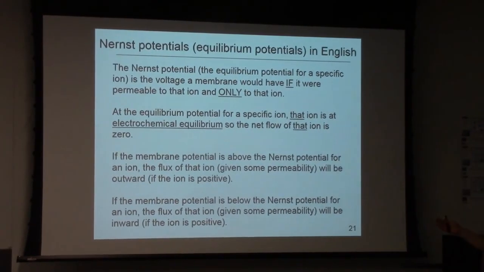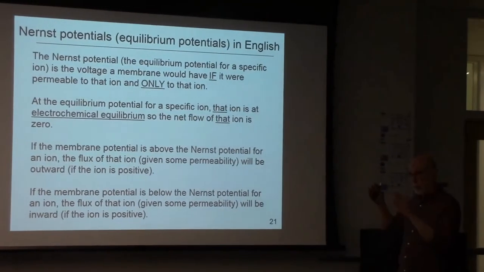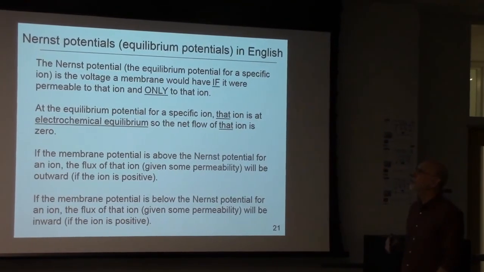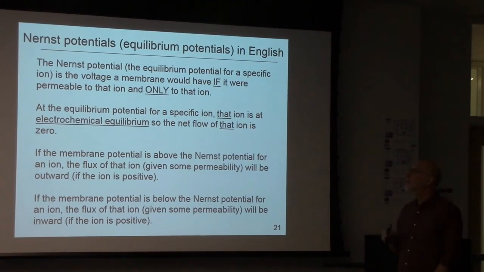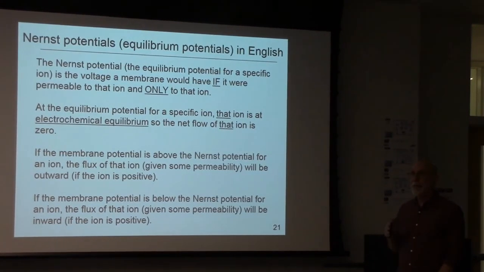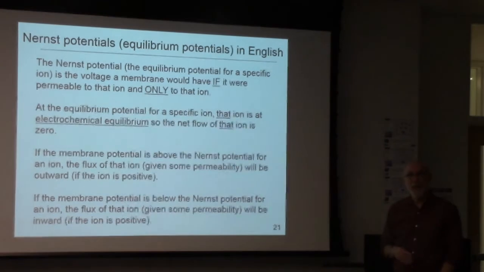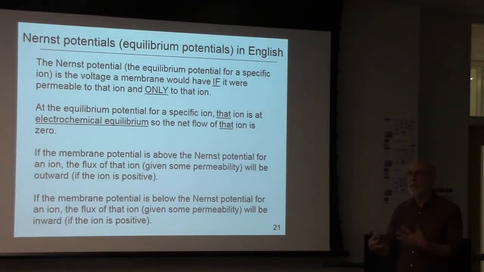The Nernst potential, which is the equilibrium potential for a specific ion, is the voltage that a membrane would have if it were permeable to that ion and only to that ion. This doesn't happen very much in biology, but that's the theoretical basis for the Nernst potential.